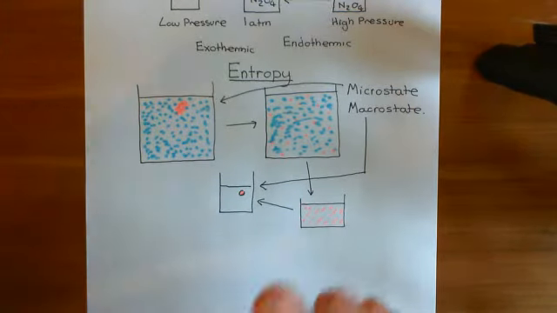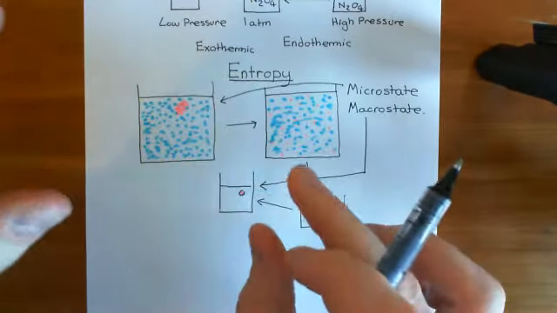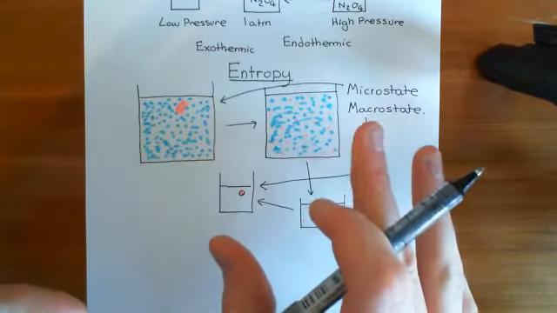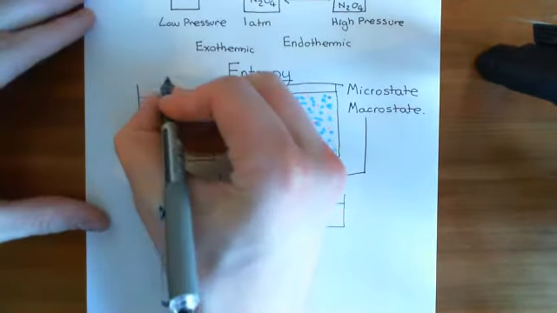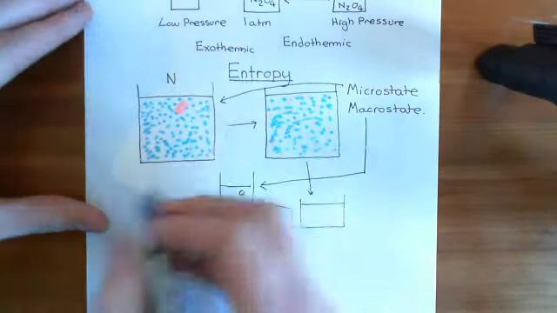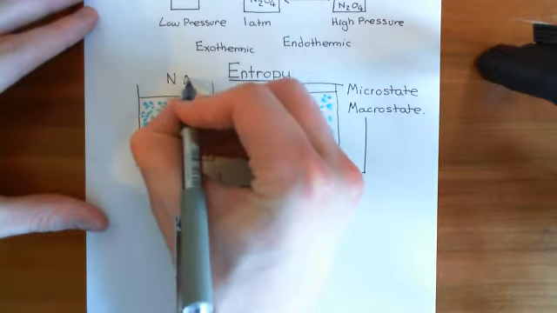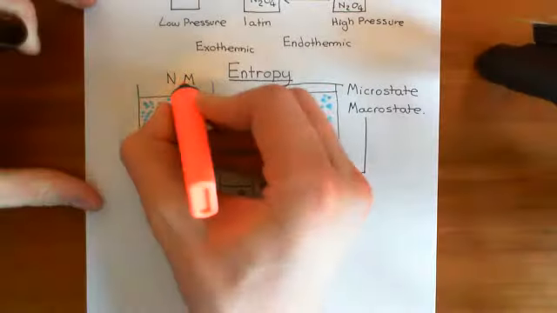Basically, we are positioning water molecules and red dye molecules, and there are loads of different ways that we can arrange all the water molecules. We have an absolutely huge number of water molecules in here. Let's say big N represents the number of water molecules, and big M represents the number of red dye molecules. So I'll just colour them in.